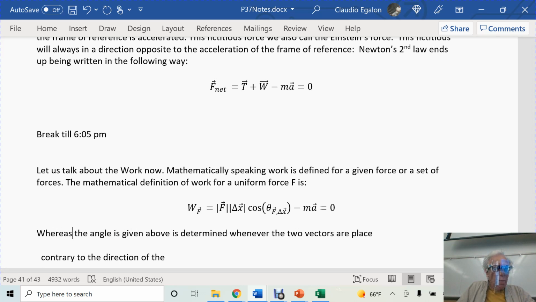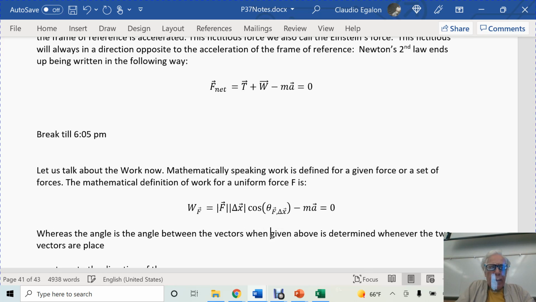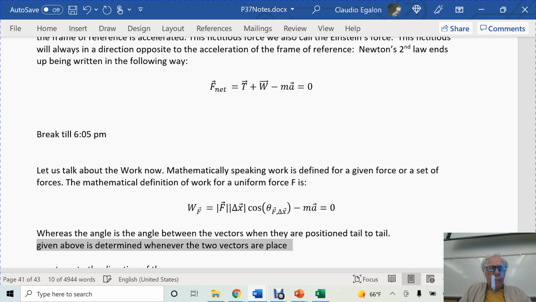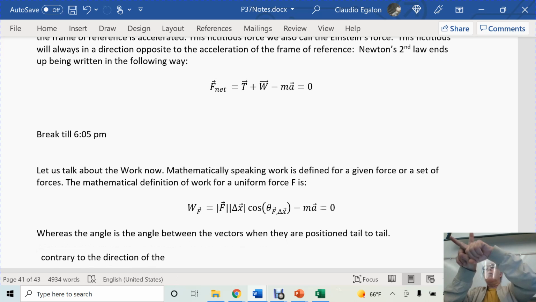Whereas this angle is the angle between the vectors when they are positioned tail to tail. Every time that you measure an angle between vectors, you always take it with the vectors placed tail to tail.